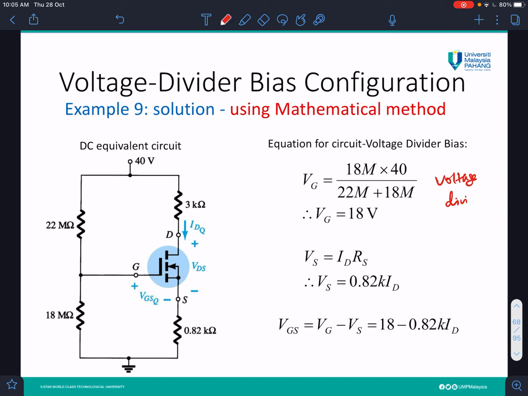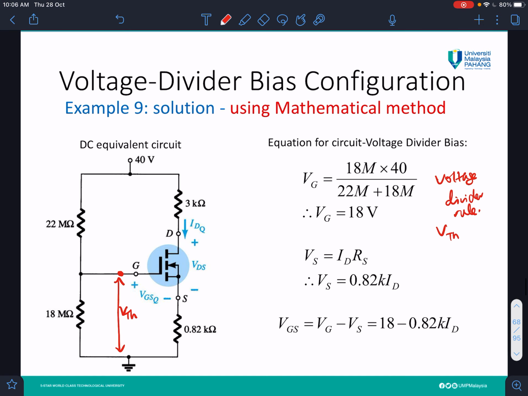Using the voltage divider rule, we get VTH at this point, and this voltage is equal to VG, because VG is also measured from this point. So both are equal.